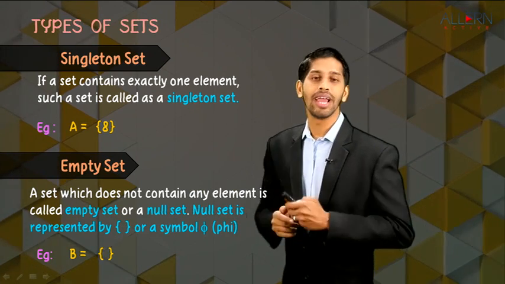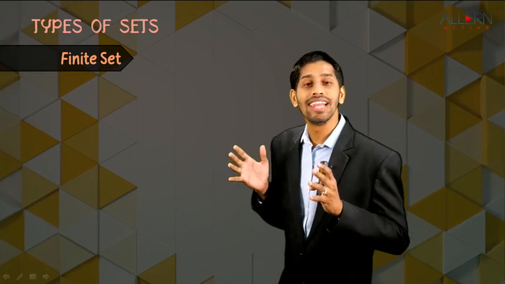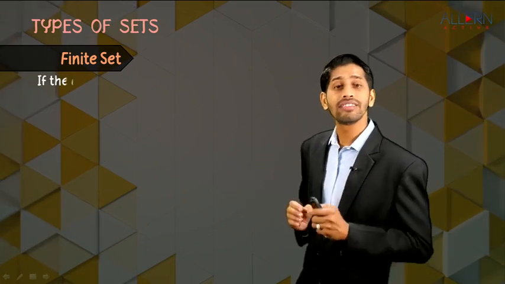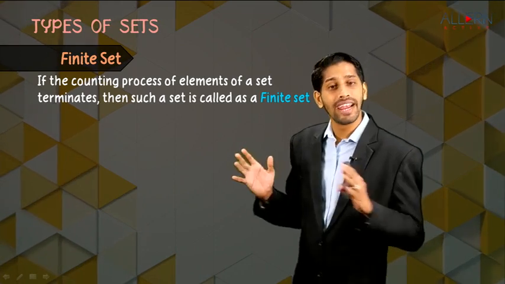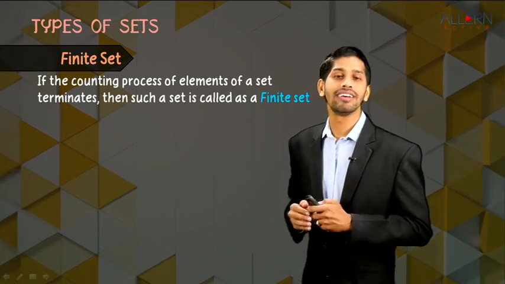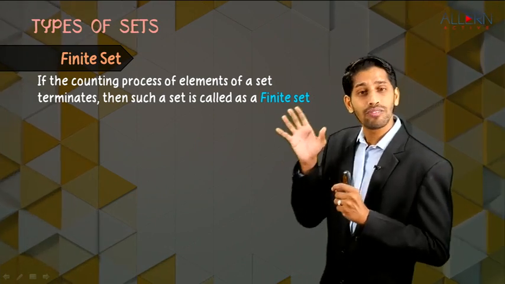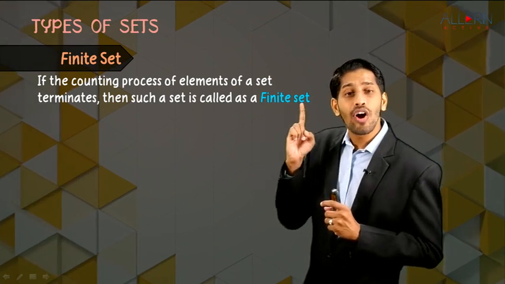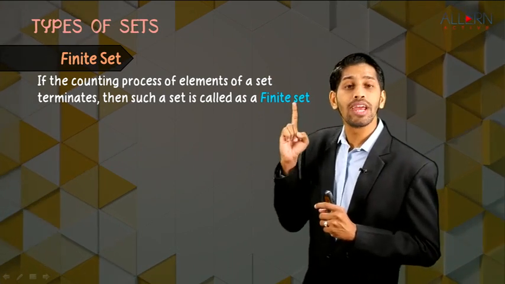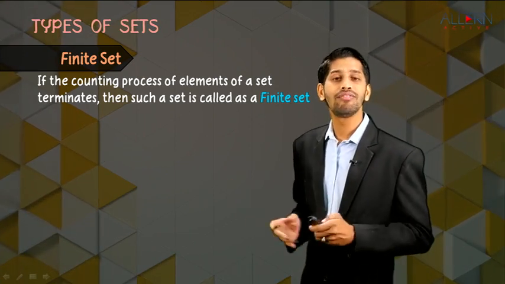Let's take the third type, which is called a finite set. Finite means it is limited, right? So the definition is, if the counting process of the elements of a set ends, terminates, then such a set is called a finite set. That means, as the question will be given to us in roster form, if counting of the elements ends, that means if we are able to count how many elements are there, it means it is limited, it means it is a finite set.